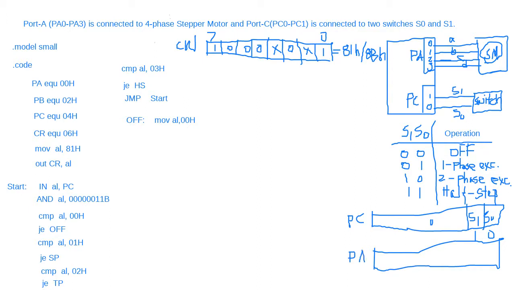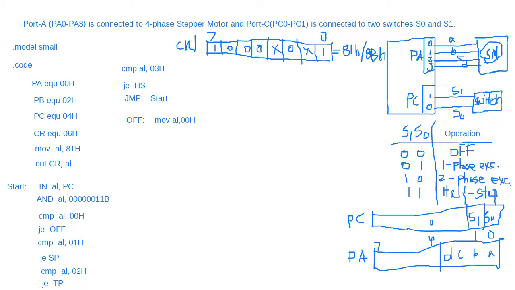Motor is connected in port A, with phases A, B, C, D. I mean, 4 bits are connected to the 4 phases. So bits 0 to 3 are used, and 4 to 7 are not used here because the 4 phases are connected to the motor.